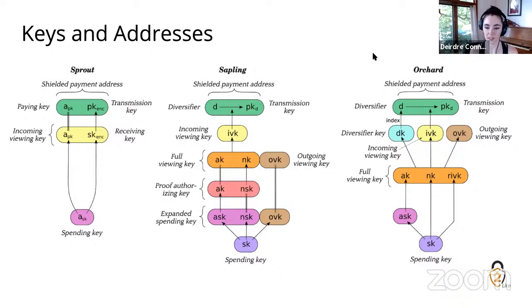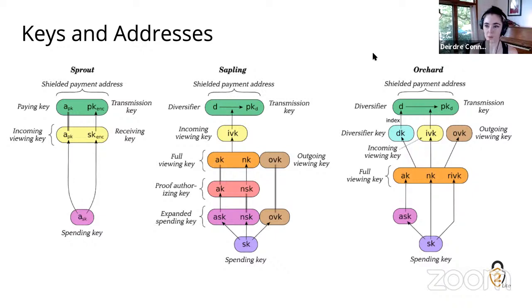From your full viewing key, you can derive your incoming viewing key, your outgoing viewing key, your diversifier key, and from the diversifier key, you can derive your diversified transmission key, and the diversifier that you generate plus your transmission key is your address.